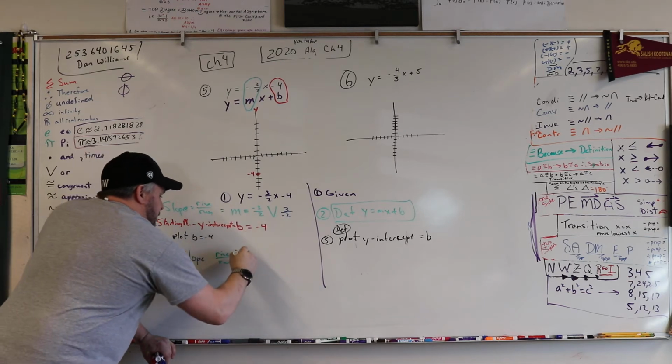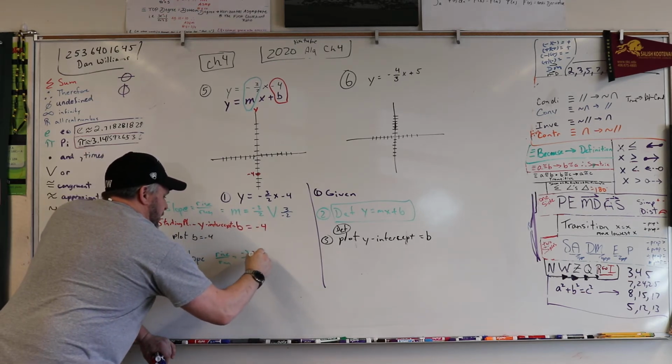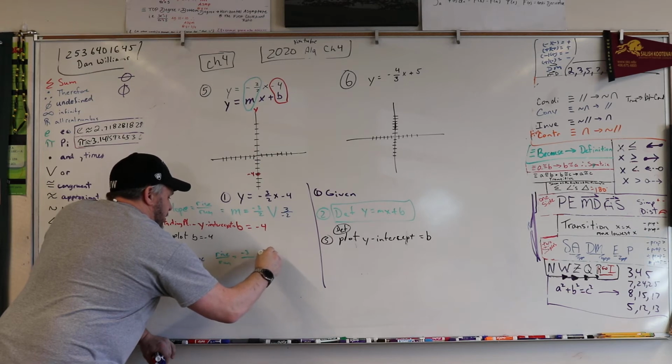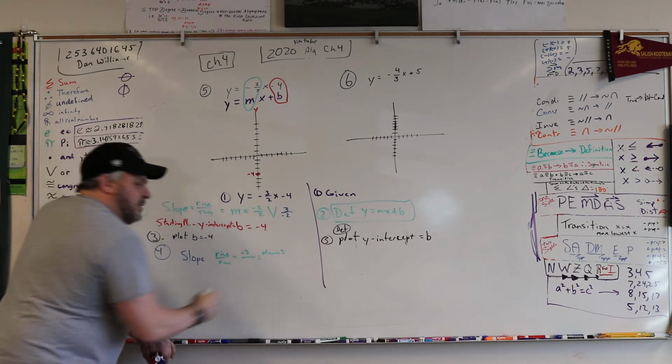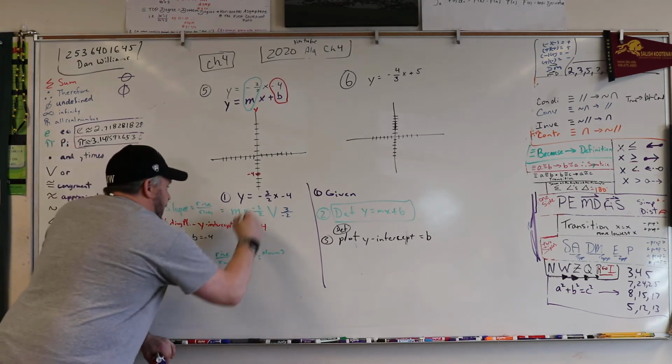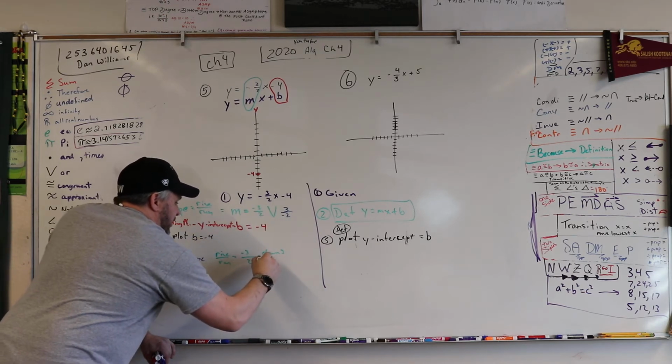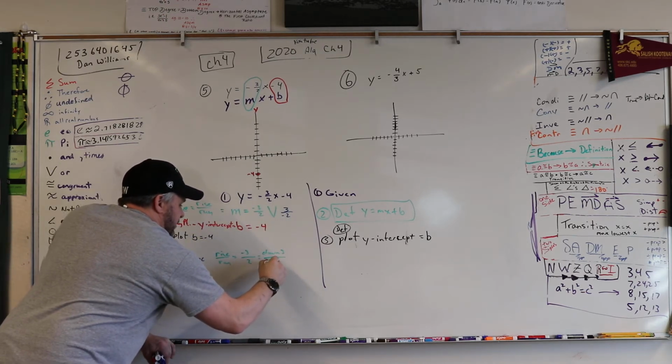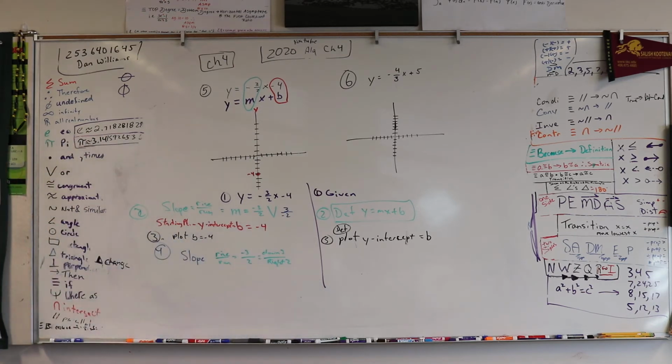Which is -3 equals down 3, right? And 2 equals right 2, okay? So the top is up or down. The bottom is left or right.